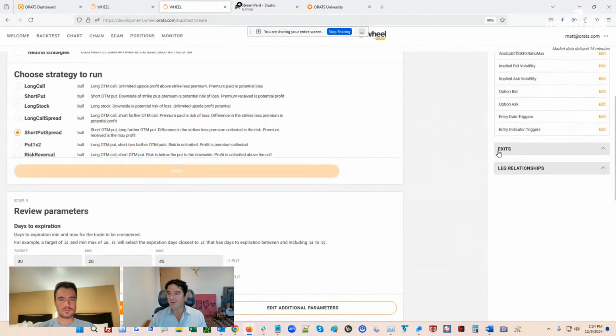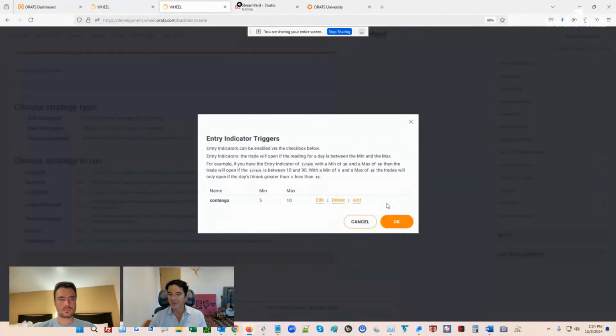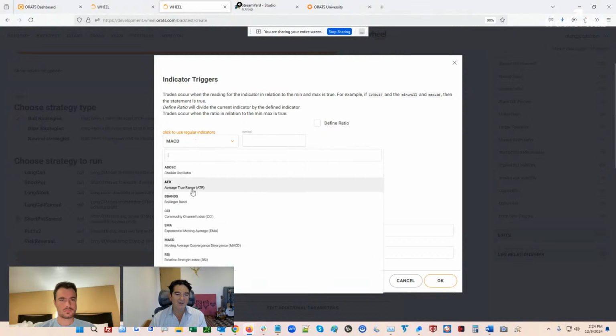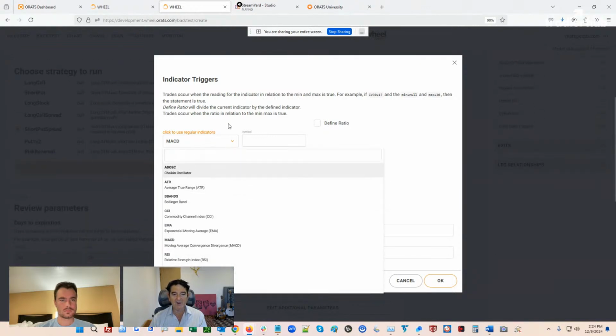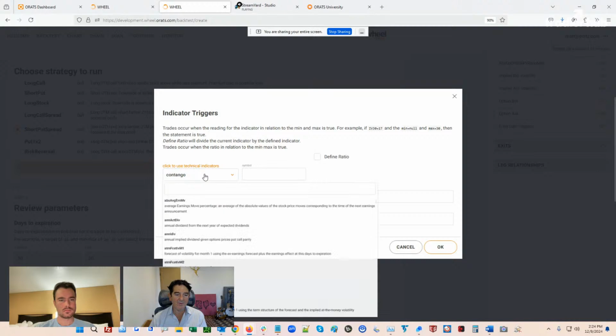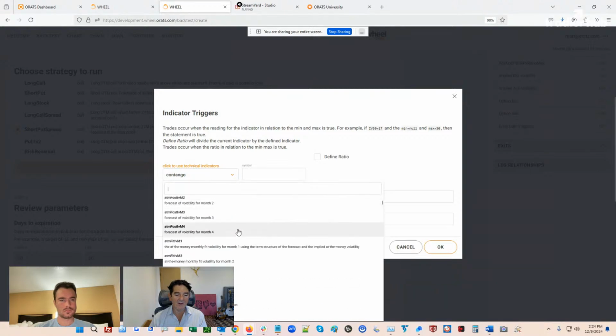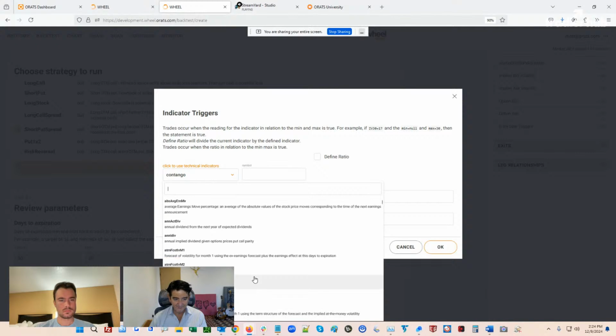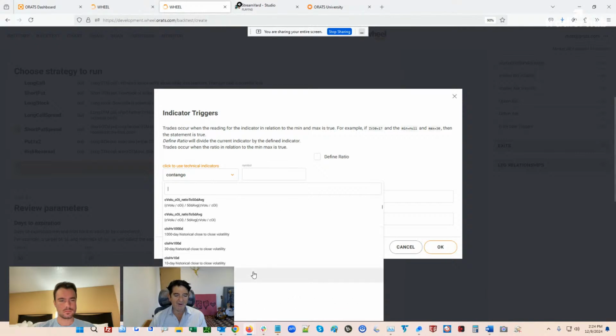But we could then go to our entry parameters, and you could do things like contango, or you could even use technical indicators: MACDs, all the way to SMAs, Bollinger Bands, etc. Or you could click on that again, and it goes back to just our regular indicators here. So there's just a ton of them here. Let's set one. Do you have anything that you want to test particularly, Tyler?